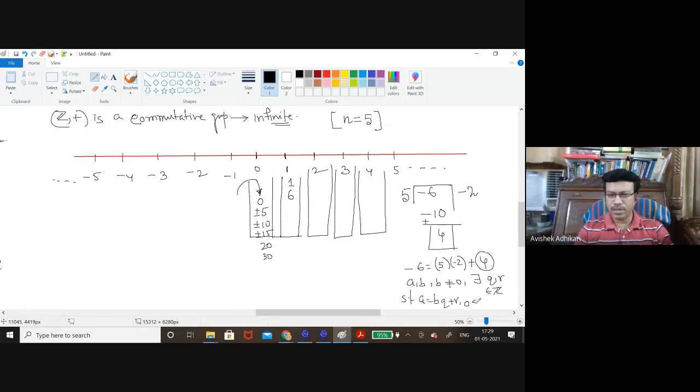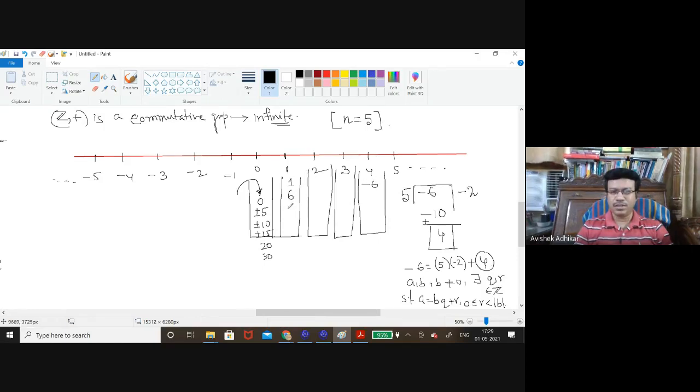Most important part is this: r should be strictly less than mod of b.